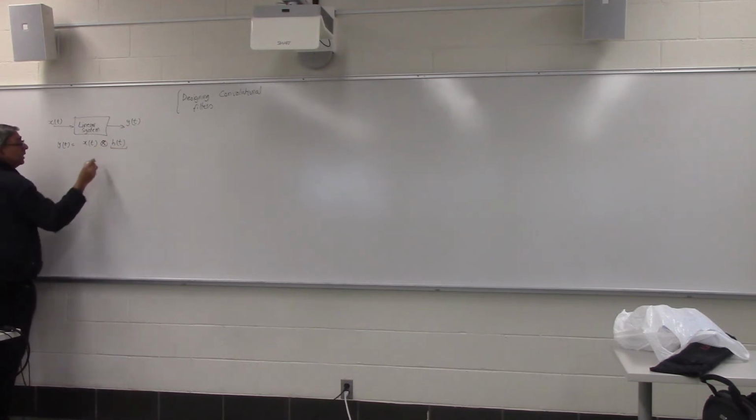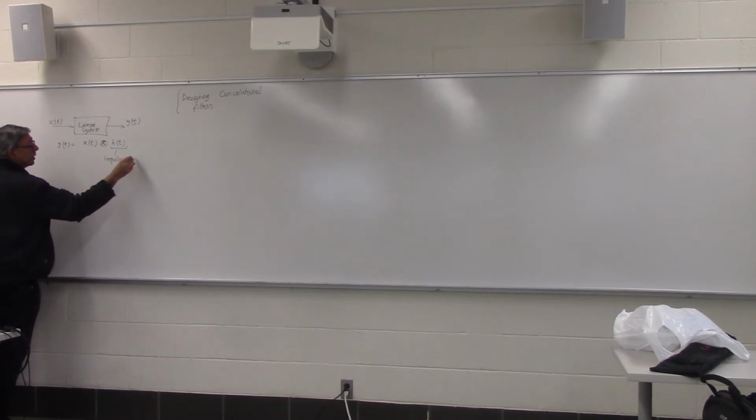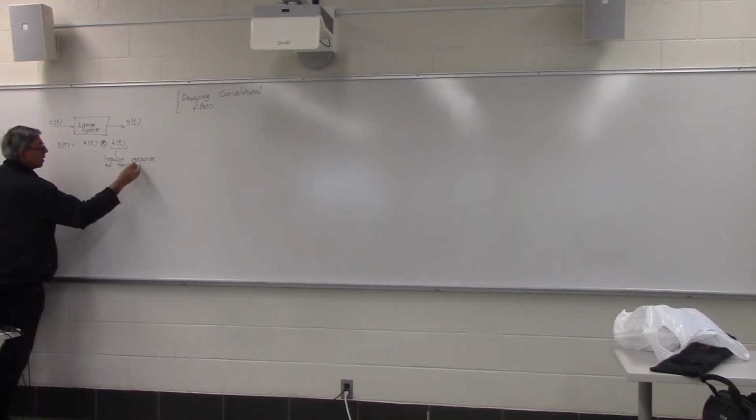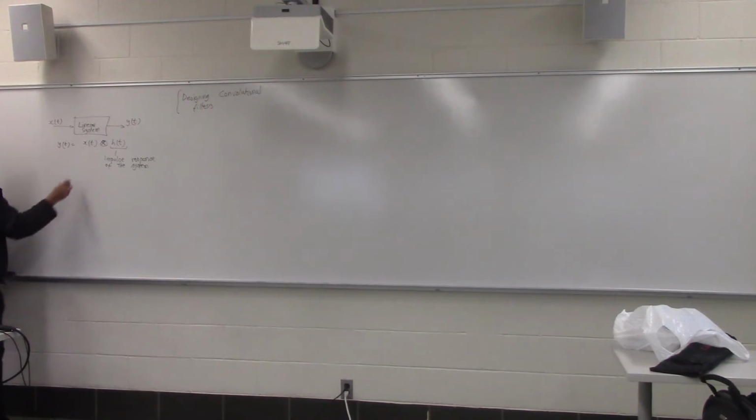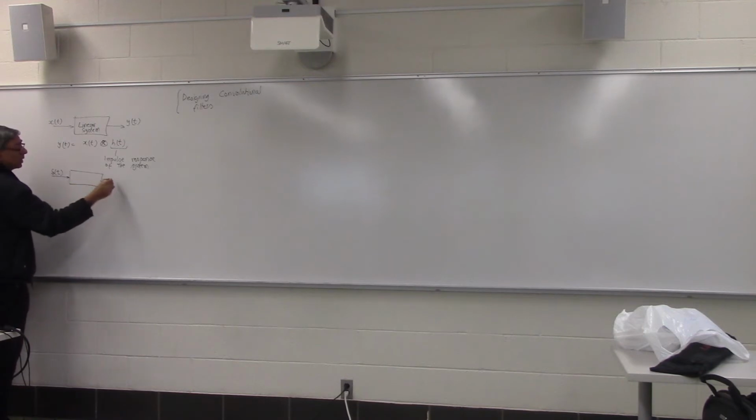Convolution we sometimes represent with an x with a circle in it. What is h of t? H of t is referred to as the impulse response of the system. Meaning, if for the same system we give it an input of delta t, whatever output it produces, we call it h of t.